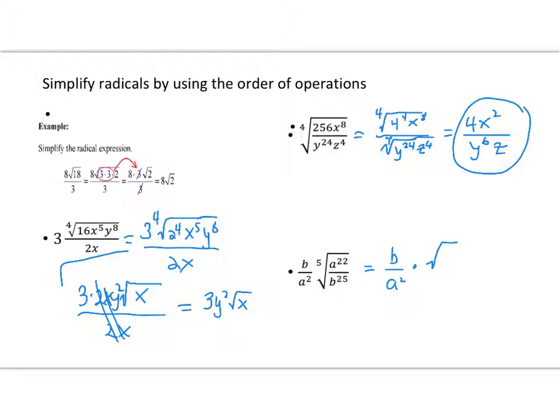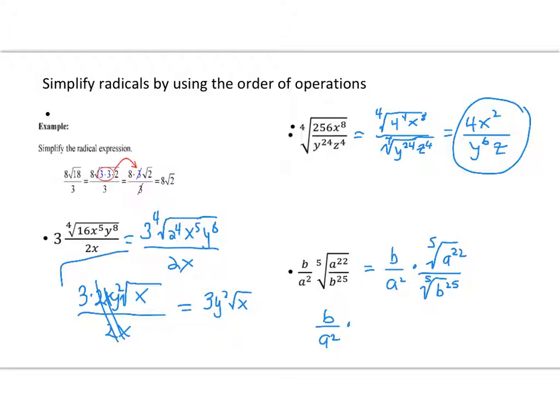So I have the 5th root of a to the 22 over the 5th root of b to the 25, right? So this is just going to be b over a squared times, now 5 goes into 22 4 times, and I'm left with a squared term there.